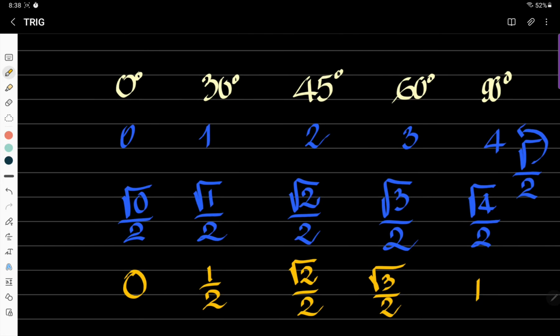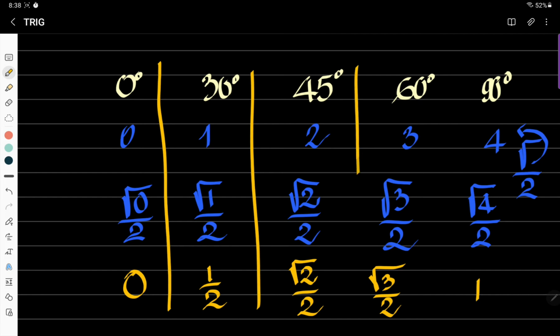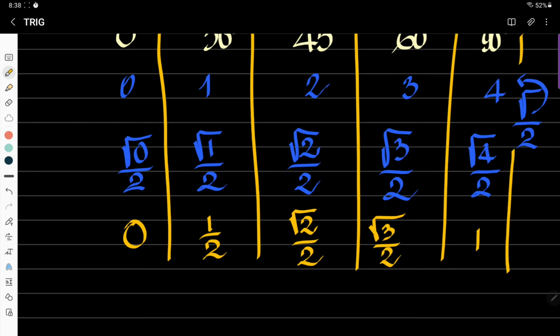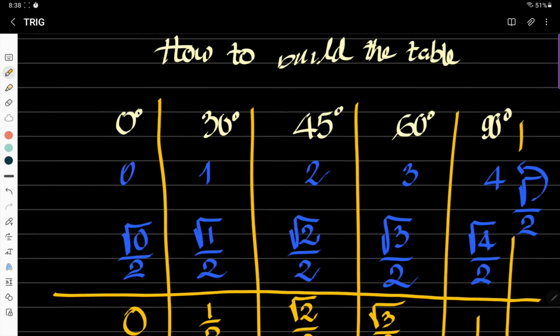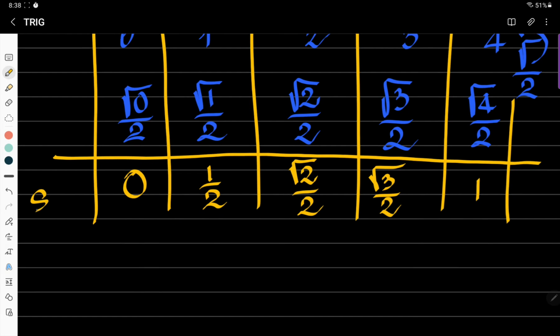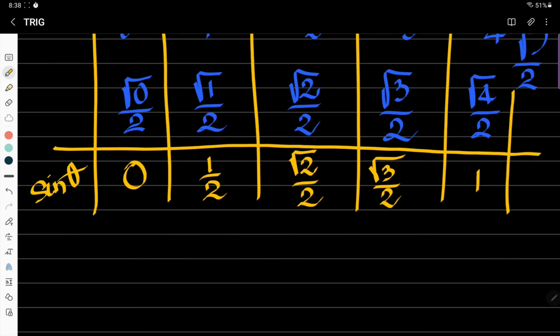We just built the table, the values for sine theta.